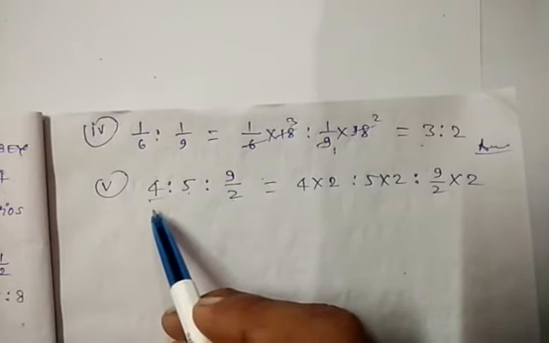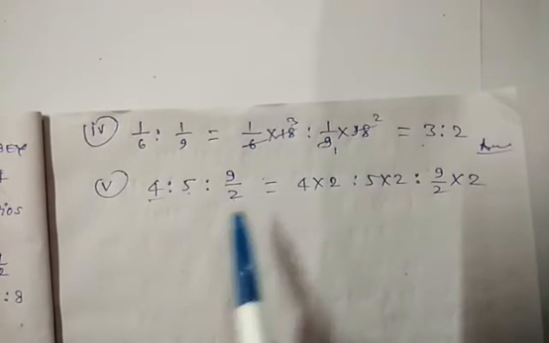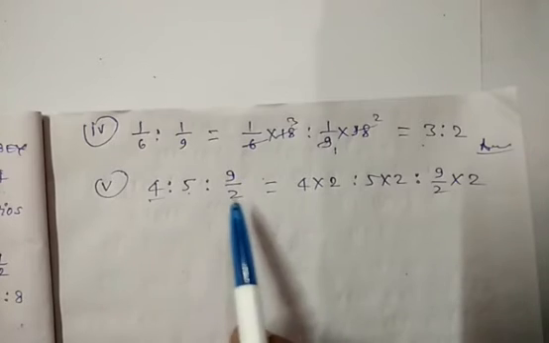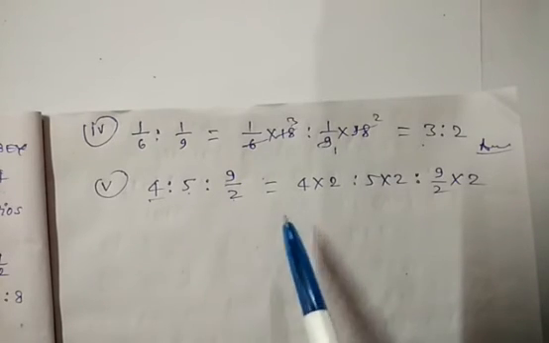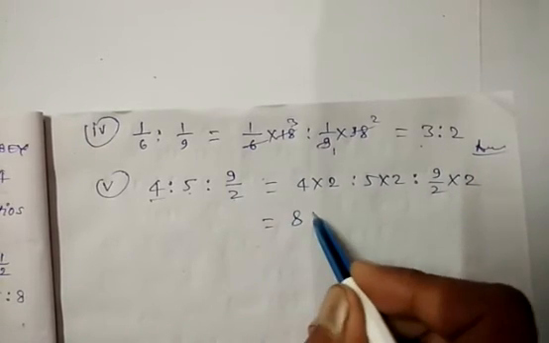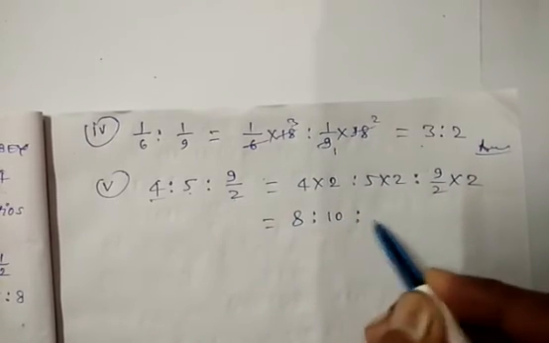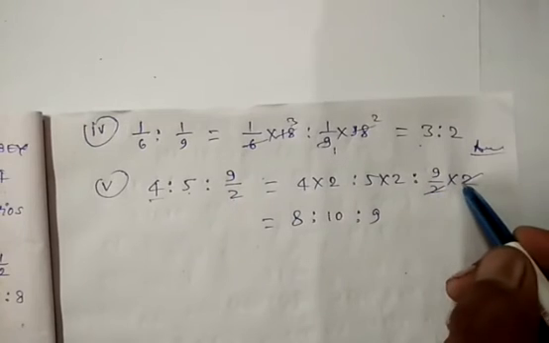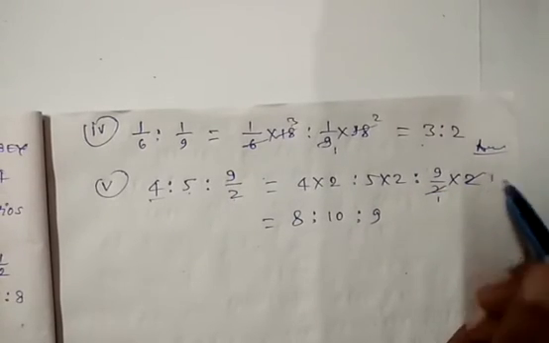Then the LCM of 1 and 2 is 2. Then we multiply each term by the LCM, that is 2. Then we get 4 multiplied by 2 is to 5 multiplied by 2 is to 9 by 2 multiplied by 2, and finally we get 8 is to 10 is to 9. This 2 is cancelled by this 2.